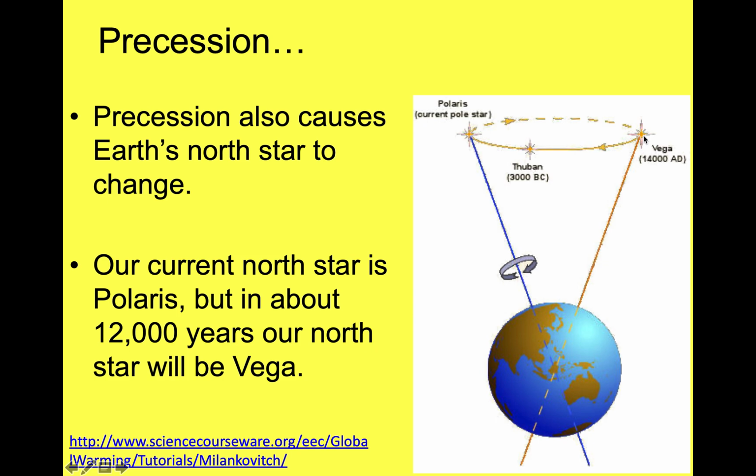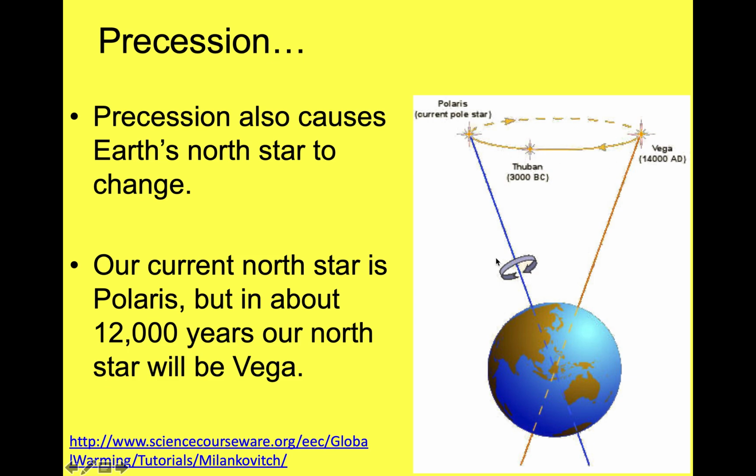And here's the thing: 13 or 14,000 years ago in the past, Vega was once our North Star. So this happens over and over again. Right now we're at Polaris, but about 12,000 years from now, the North Star will be Vega, and then, after a certain amount of years, Thuban again, and like I say, all the other ones along the way.